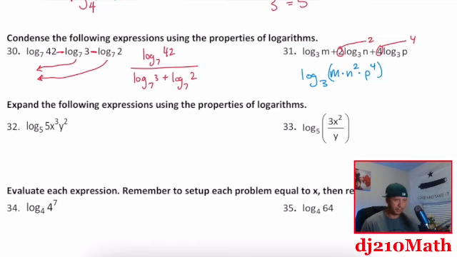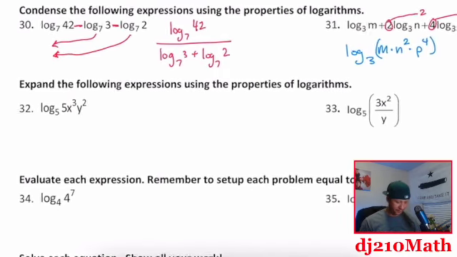All being multiplied, you have to put parentheses to signify that all three of those things are inside the argument: m times n squared times p to the fourth. Then you would separate them with the plus, as you're about to see in number 32.